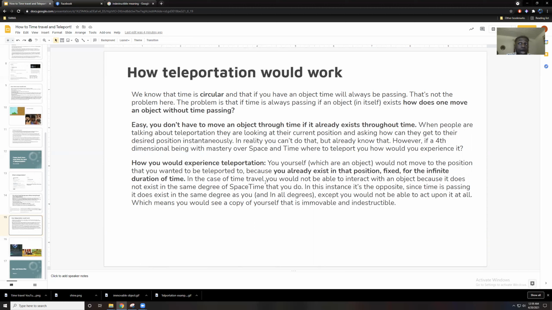In the case of time travel, you would not be able to interact with an object because it does not exist in the same degree of space-time that you do. In this instance, it's the opposite. Since time is passing, it does exist, the object that got teleported.